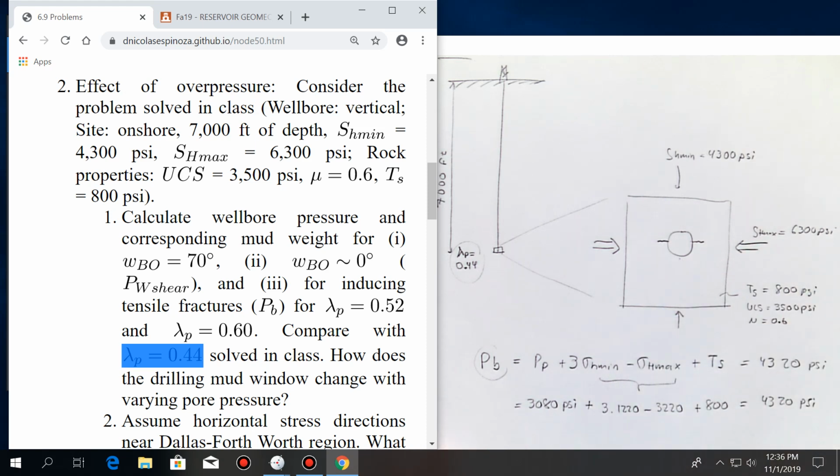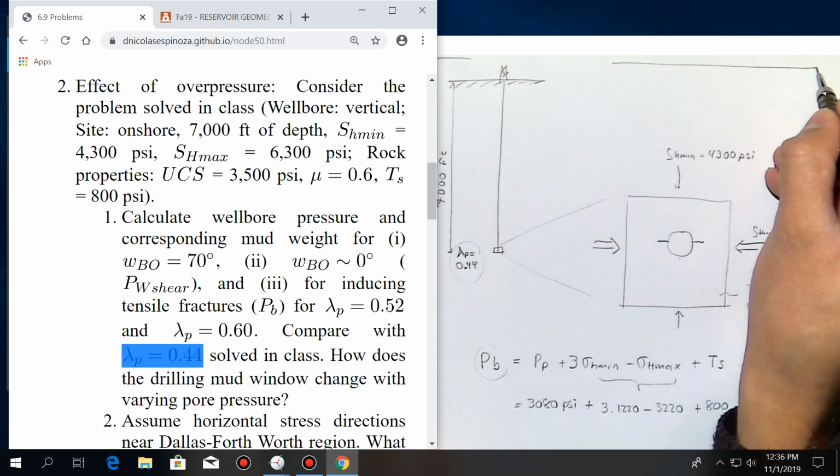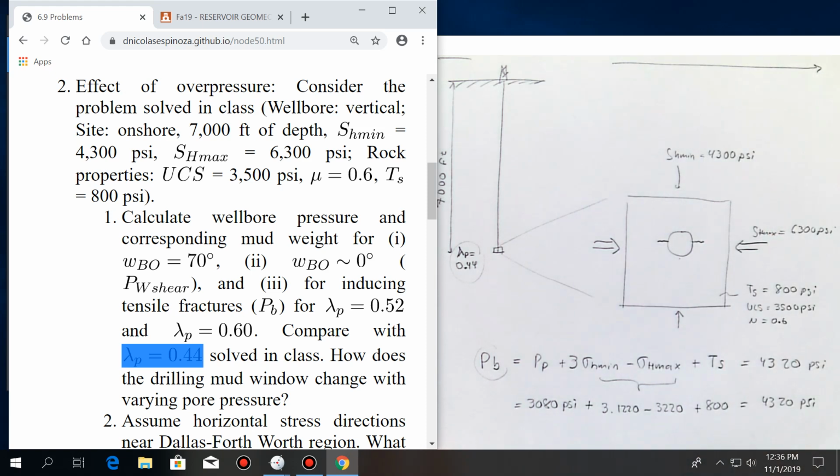Okay? All right. So what I was telling you before is that it's going to be very useful, especially when we design a wellbore, that we put these numbers in context. And first of all, let's put in here what is the value of the pore pressure. And the pore pressure was 3080. Okay. So let me see. I want to put all of this in one plot.